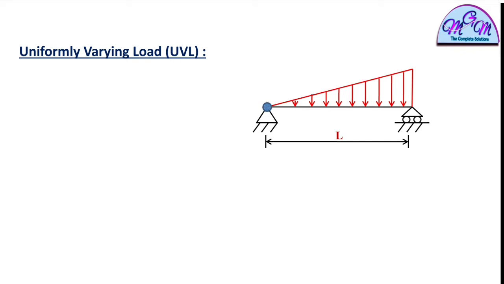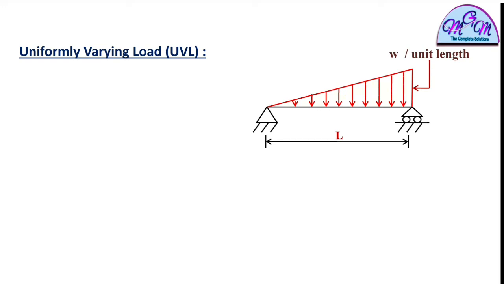Here the load is starting from this point and it gradually increases to a maximum value, that is W per unit length. So this is an example of uniformly varying load, or you can simply define it as a load which is varying uniformly.